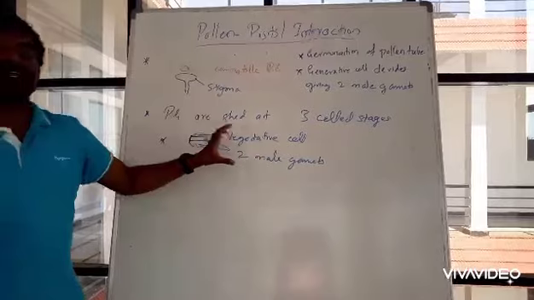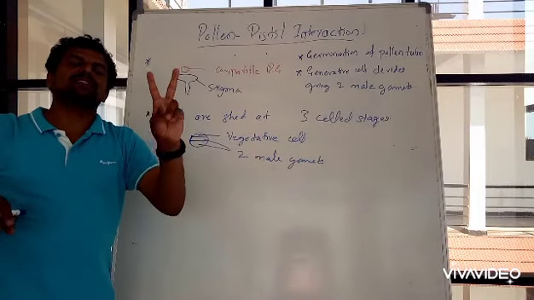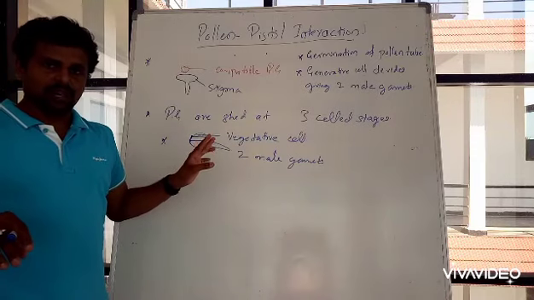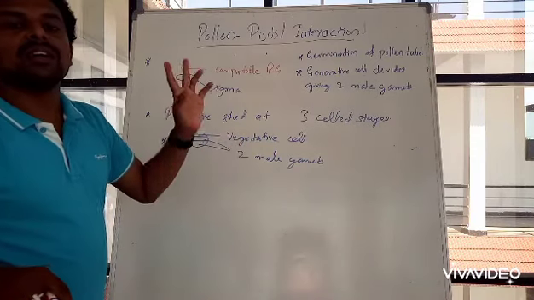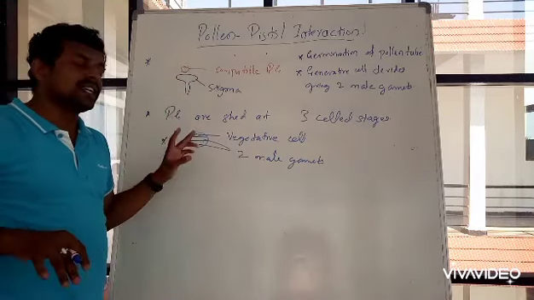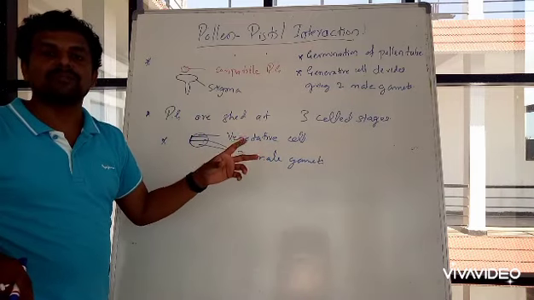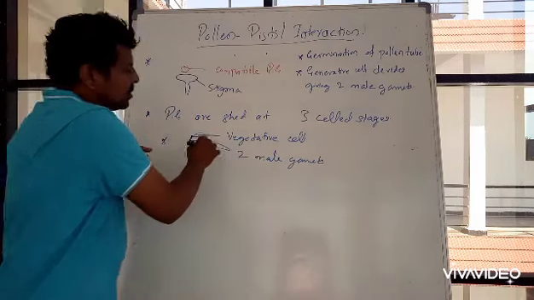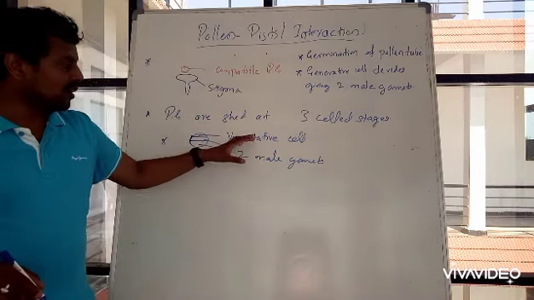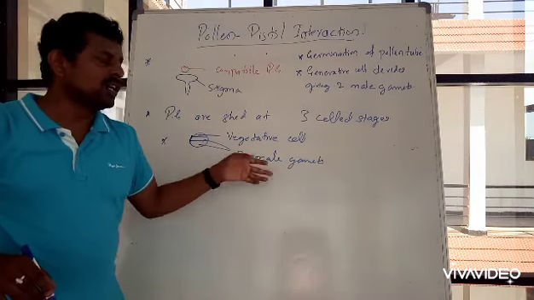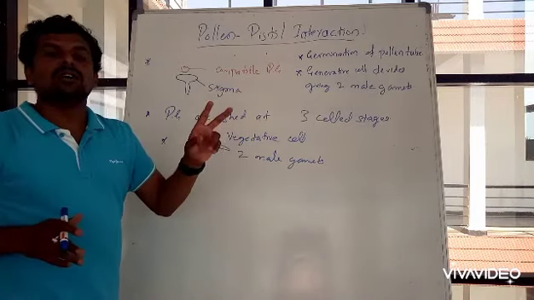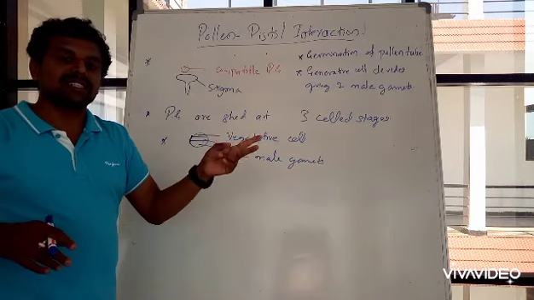So if the pollen grain is of three cell stage, the two male gametes are already present inside the pollen grain. So it will not divide. Here the generative cell is not there, so it will not divide. The other one will be vegetative cell, giving nourishment to the male gametes.